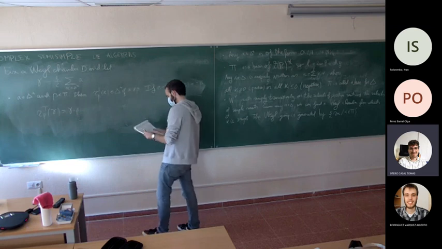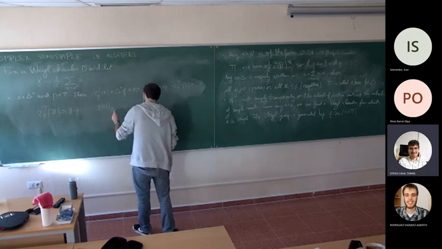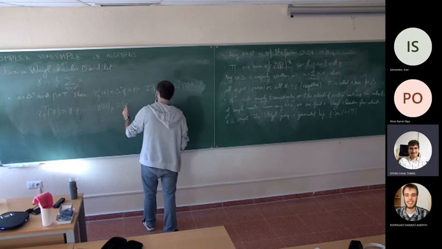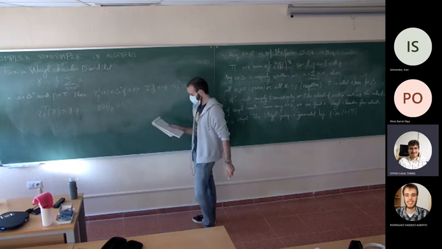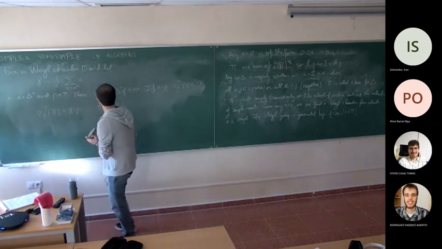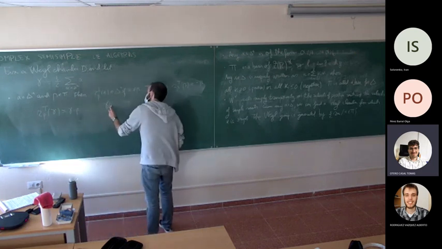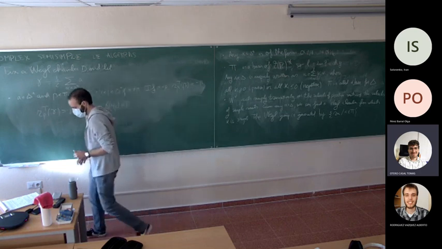And also, gamma of h beta is going to be equal to 1 for every simple root beta in pi. I think I wrote this wrong. Gamma of h beta is equal to 1.